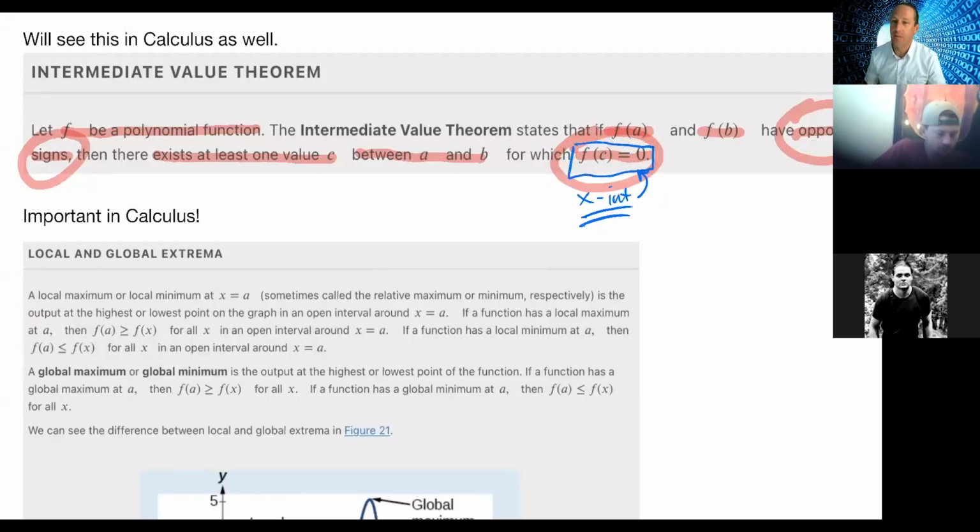So we're trying to combine the algebra and the geometry together. Okay? So this is something that's really important. For right now, you guys only have to worry about polynomial functions. In calculus, it will have to be both continuous and smooth, like we talked about. A polynomial function is. Okay?